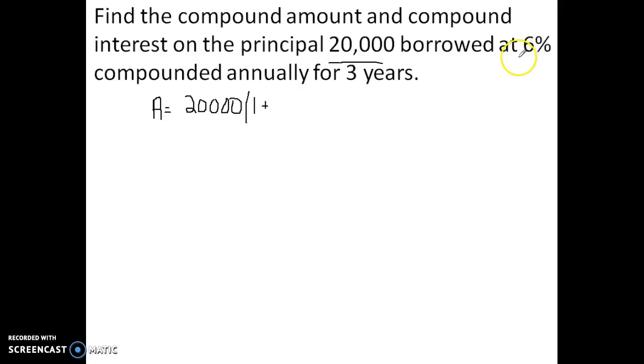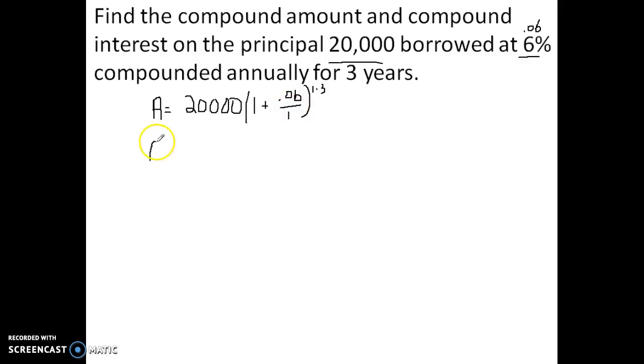Our rate is 6%, and in decimal form that's 0.06. So we're going to put 1 plus 0.06 compounded annually. If it's compounded annually, our n is 1, so that's our denominator, all raised to the n times 3.